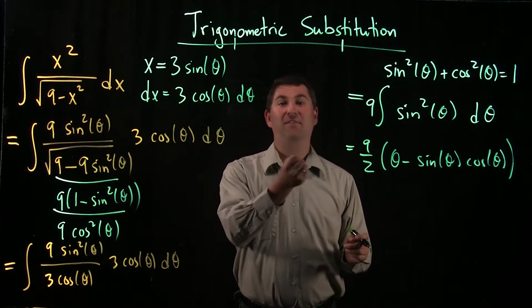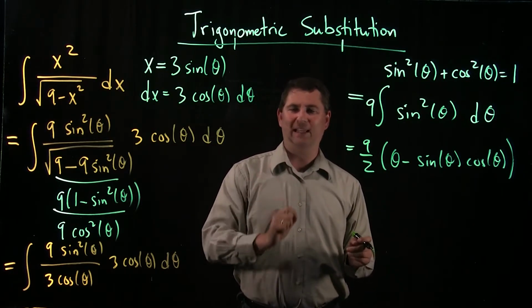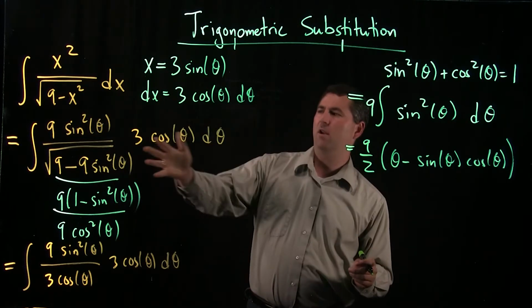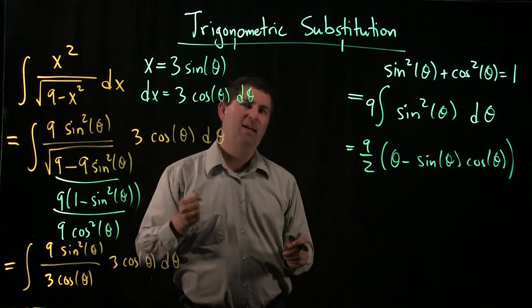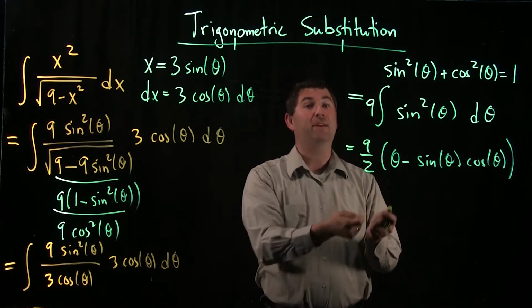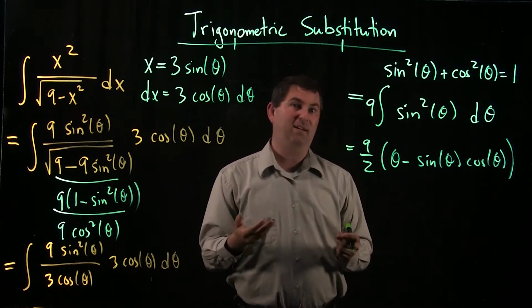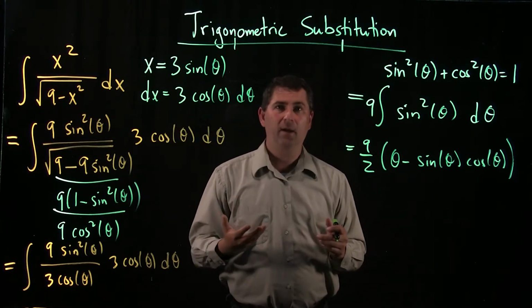Well, yes and no. We found an antiderivative. Why are we not completely happy? Well, we started with a function of x, and we finished with a function of theta. Ideally, we'd finish with another function of x. Well, it just means we need to back substitute, right?